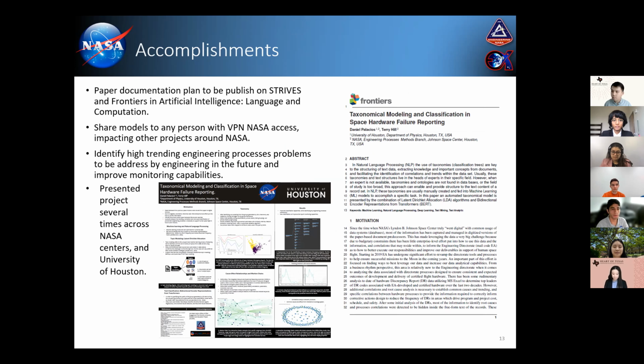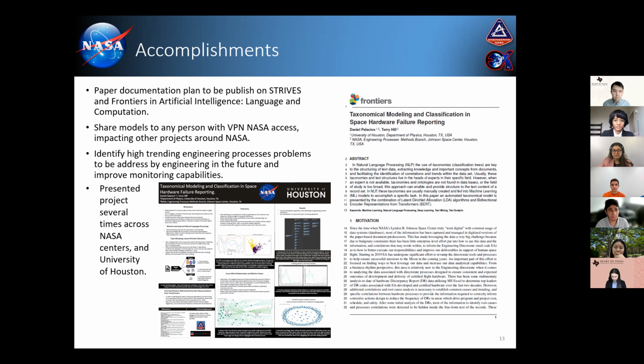There is a community group within NASA where we discuss machine learning and AI technologies, and I shared this code with them. So if you have a VPN at NASA, you could access these codes and use them in your project. It was a very nice experience, because I got to impact not just my project, but also help other people in their projects who would like to use similar technologies.